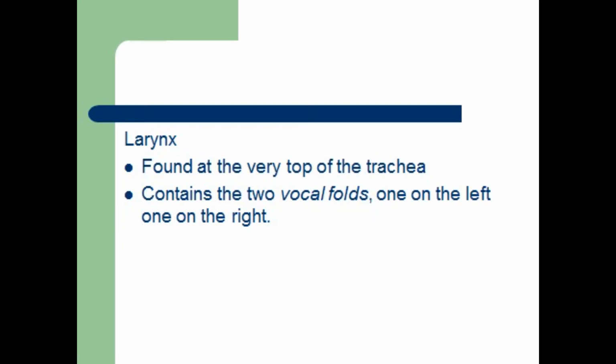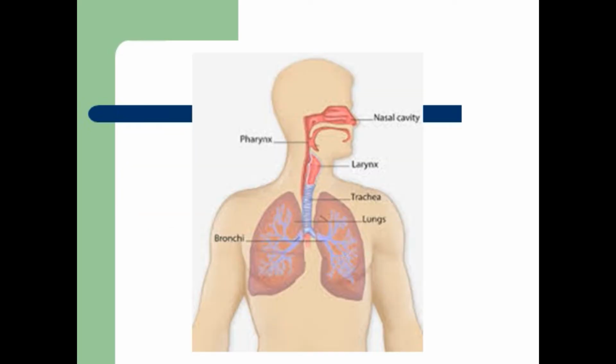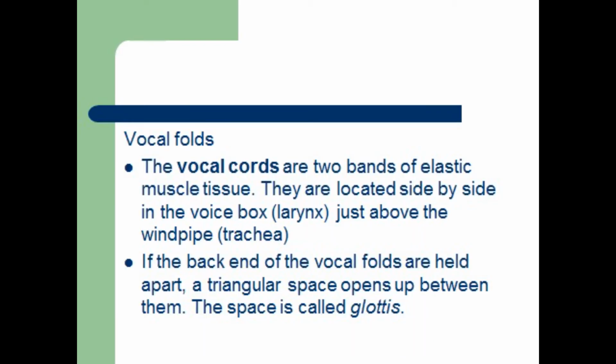Then the larynx. The larynx is found at the very top of the trachea. It contains two vocal cords, one on the left and one to the right. In this diagram, you can see that the larynx is above the trachea and includes the vocal folds, which have different movements, and they take different shapes.